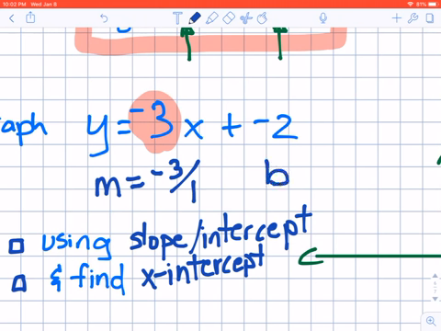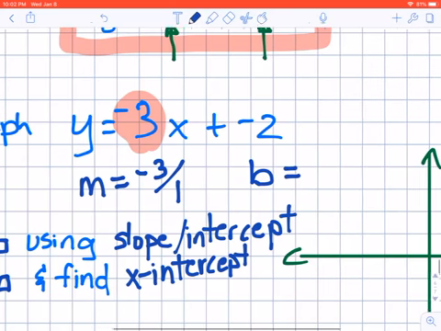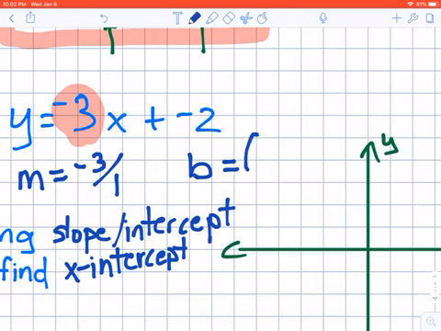Again, that's to remind us what is the rise, what is the run. Then we want to state what is the y-intercept. Again, we use the letter b to denote that. And I would suggest that you always list it out as a point, because it is a point. (0, -2). And again, that's whatever is added on or subtracted at the end.